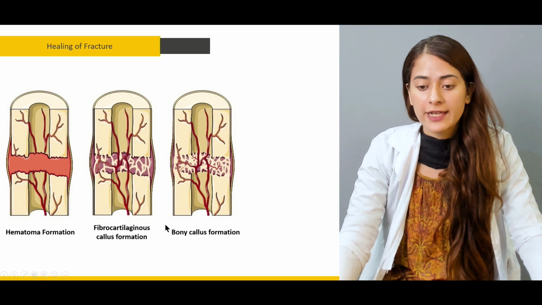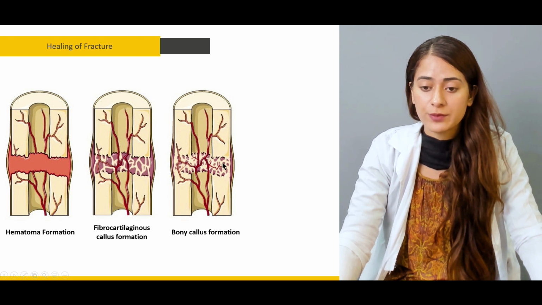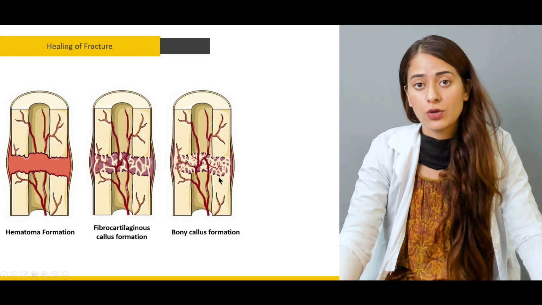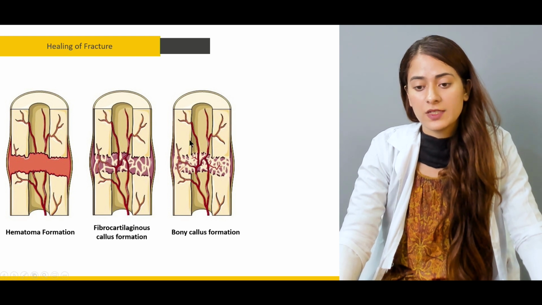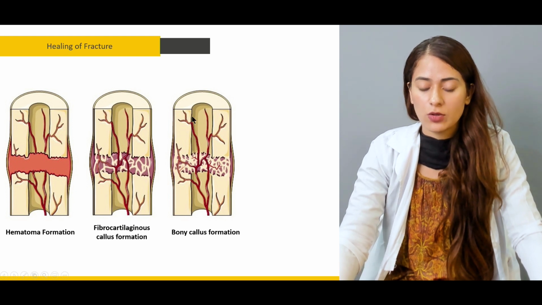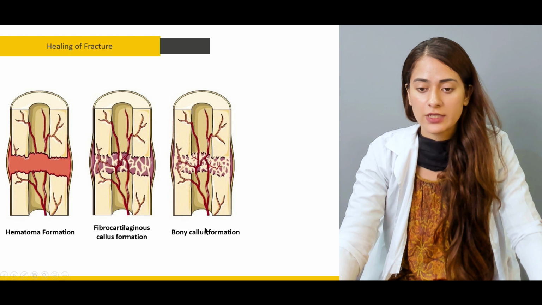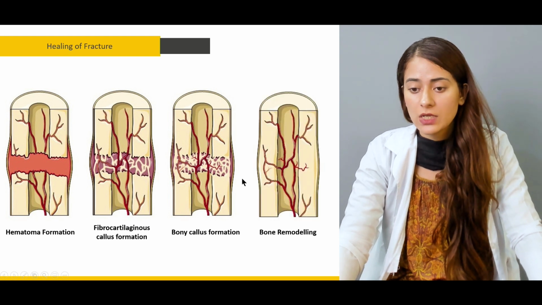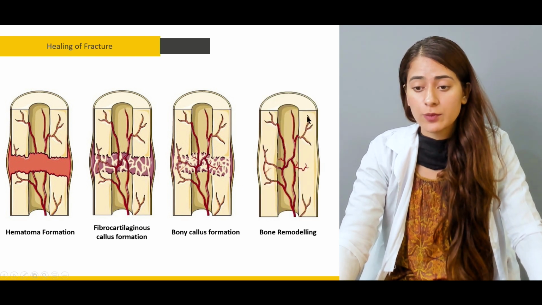So in bony callus formation, all of this fibrous cartilage starts to ossify, and this is now turning into bone, and so the composition of the entire bone is similar.